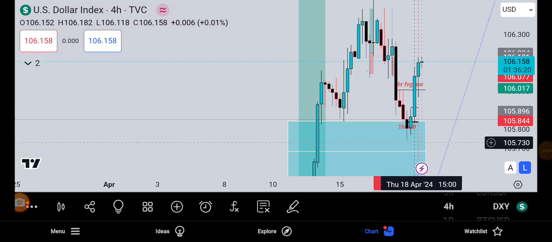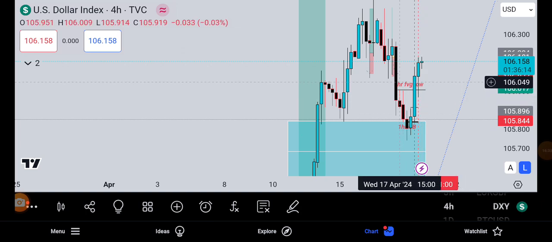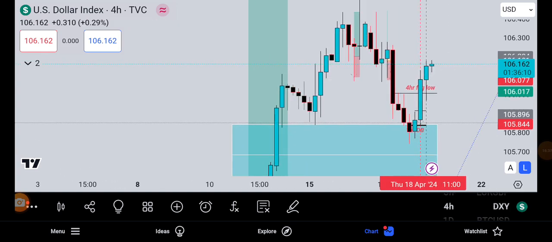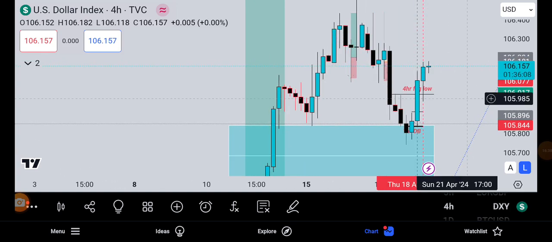We also didn't really fill this daily fair value gap, so the market could react off this 4 hour fair value gap, then rally lower. So that was why I was targeting this 4 hour fair value gap low.